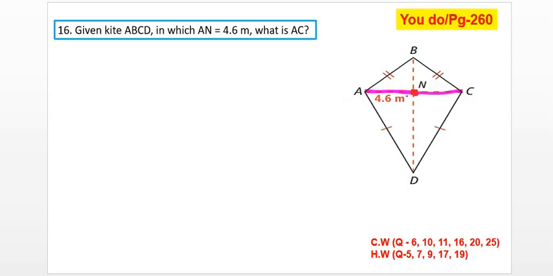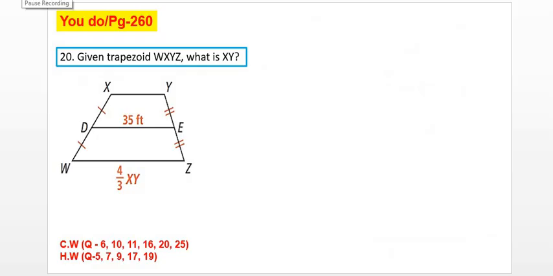So this is the midpoint for this whole line AC. If I want to find AC, then 4.6 will be multiplied by 2, or you can add 4.6 with 4.6. It will give you the value of AC, that will be 9.2 meters. Clear?